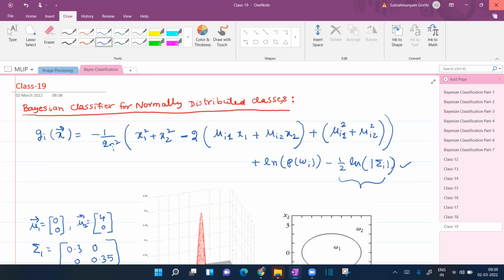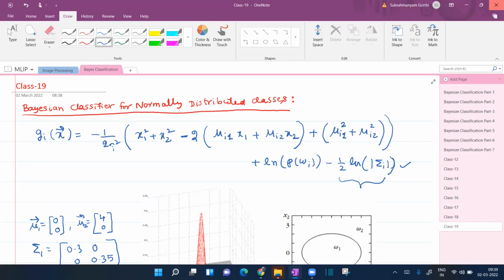And now if you bring all those terms here, what would be the impact of that in terms of where you get now x1, x2? See, finally, what is it that you are going to solve when you say gi of x bar equal to gj of x bar? Is it mu? Is it x? Is it p omega? Is it sigma I?